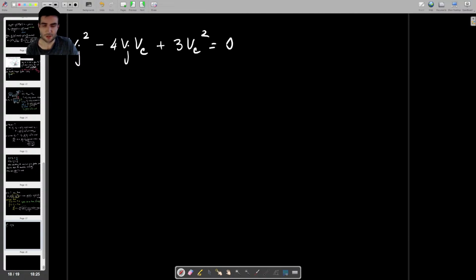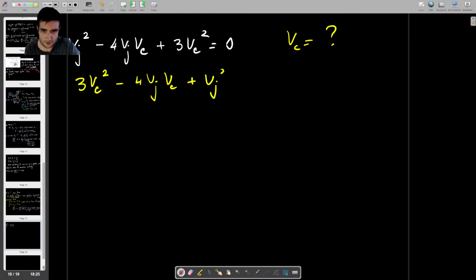Okay, so let's try solving this, and the way I'm gonna do it is using the quadratic formula. So first of all, I'm gonna rewrite it in standard form. So 3 Vc squared minus 4 Vj Vc plus Vj squared is equal to 0.